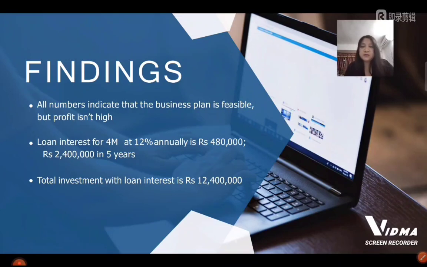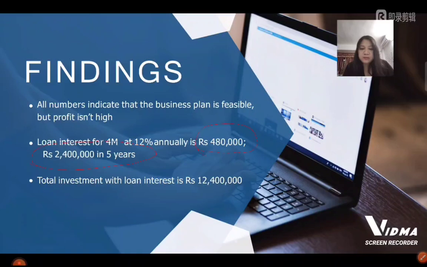However, they are going to get a loan of 4 million at 12% annual rate, which means every year the 4 million loan is going to get 480,000 rupees interest, or that would be equivalent to 2.4 million rupees in 5 years, which is the project life.